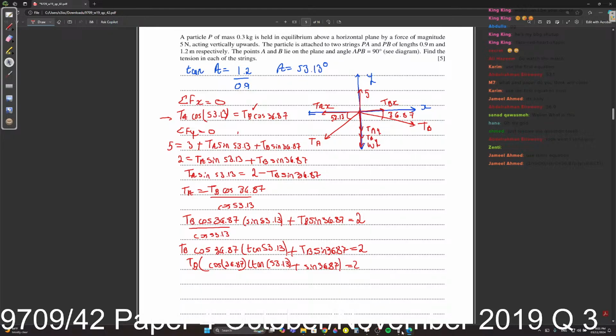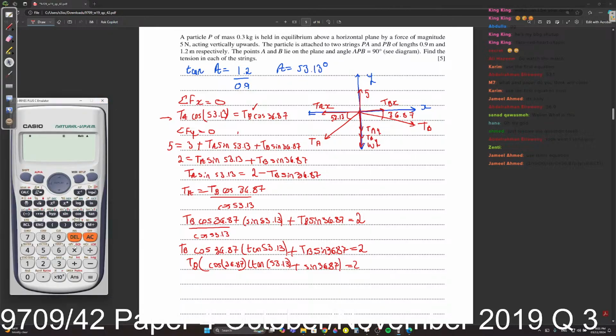I just factor out TB because I don't trust my calculator after what I did. So cosine 36.87 times tan 53.13 plus sine 36.87. Then 2 divided by answer. You get 1.2.